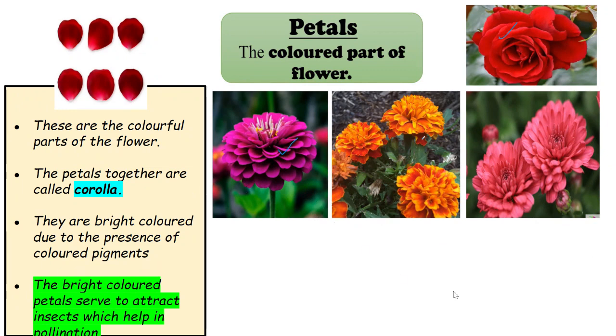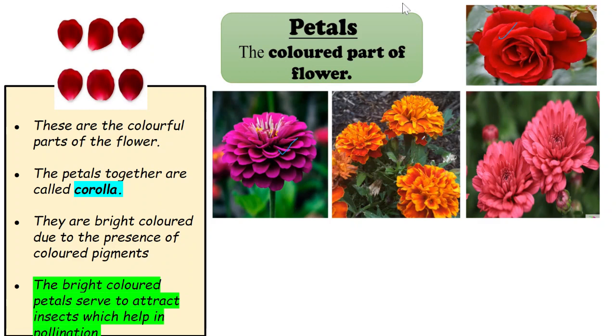Petals together are known as corolla. This bright color of the petals serves to attract insects which help in pollination. We will discuss pollination in detail in the next slides.